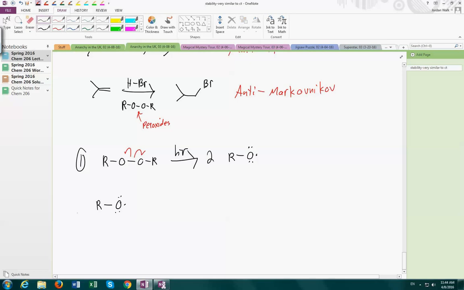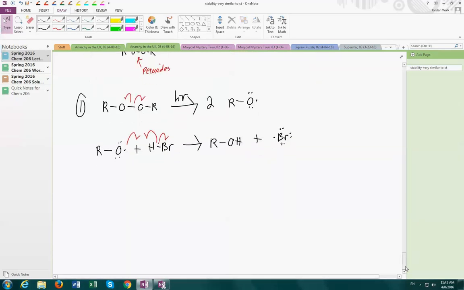And in fact, this is a continuation of the initiation step. So our oxygen radical can react with some HBr that we've already got in there. And so what will happen is it'll abstract that hydrogen as such. And so what we end up with is an alcohol plus a bromine radical. And once we've got that bromine radical, it's where we can go down the road and undergo our actual transformation.